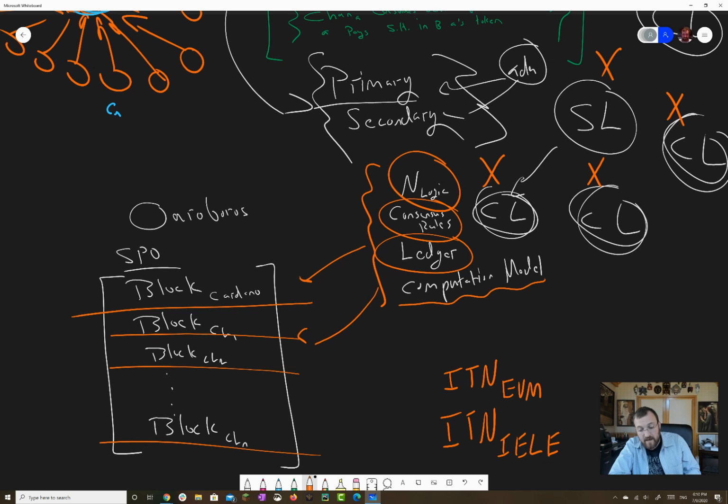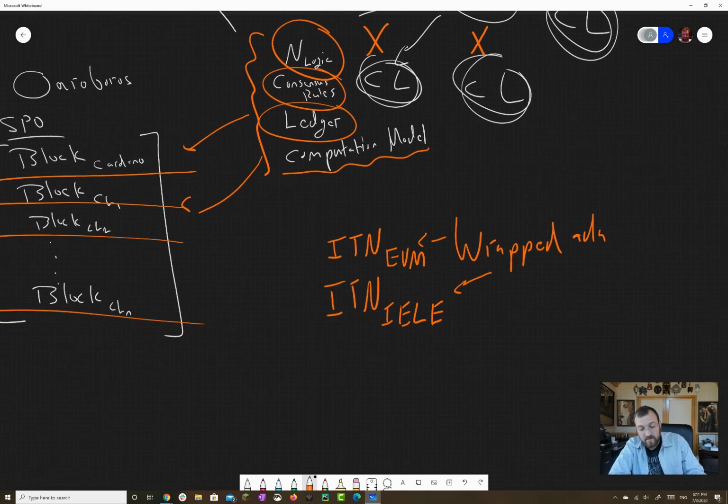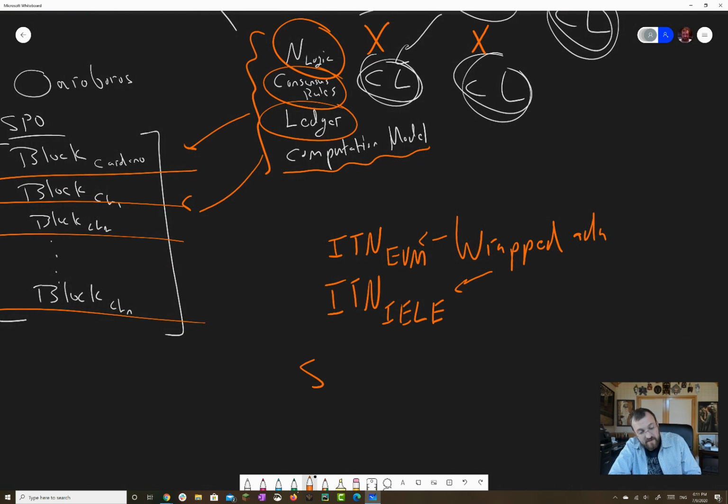So what happens is that wrapped ADA would be basically used to power transactions in these types of systems. Okay, so in practice, you'd have SL. That's the main chain. That's where everybody lives right now. That's what we're doing the hard fork on, and that on the 29th and so forth.